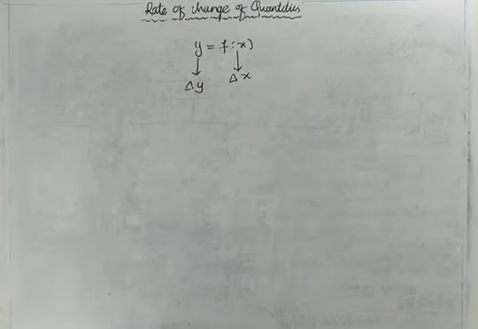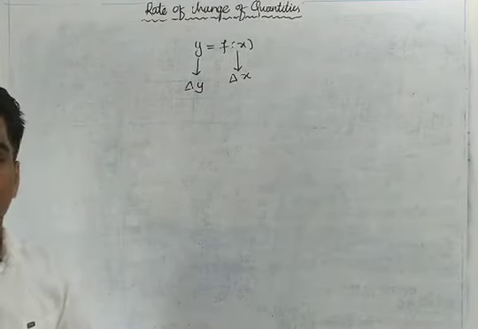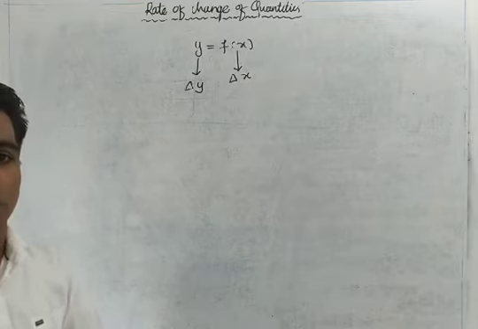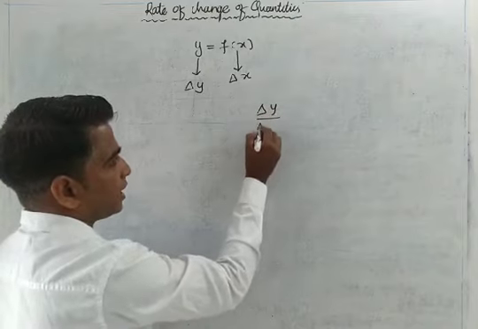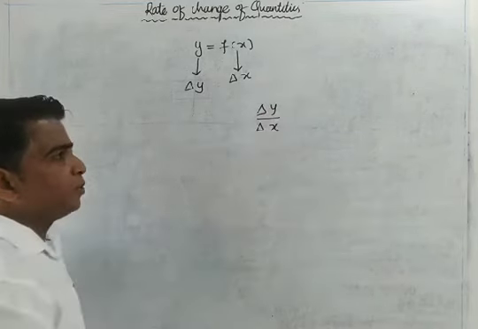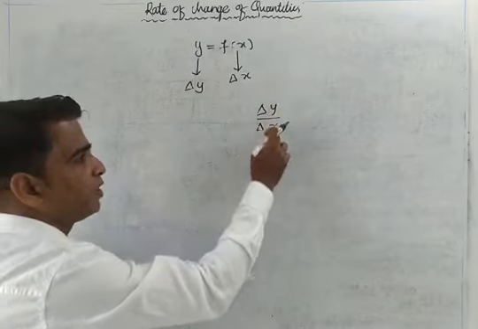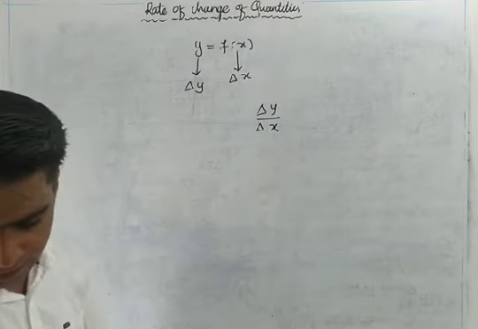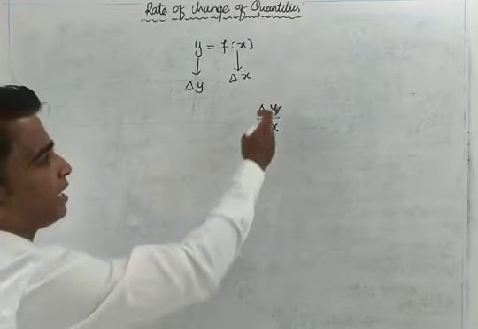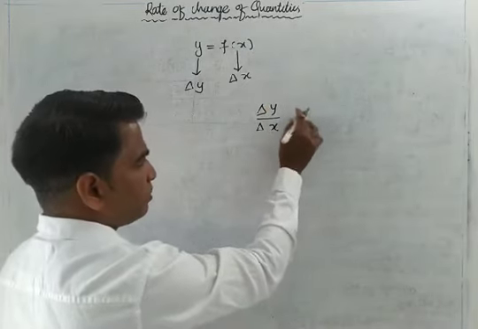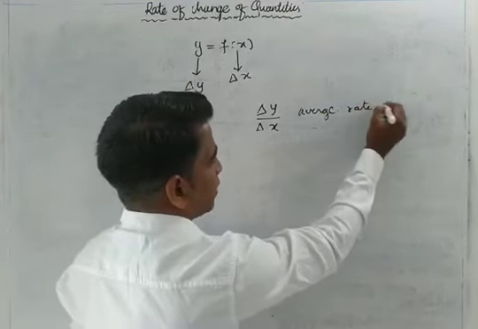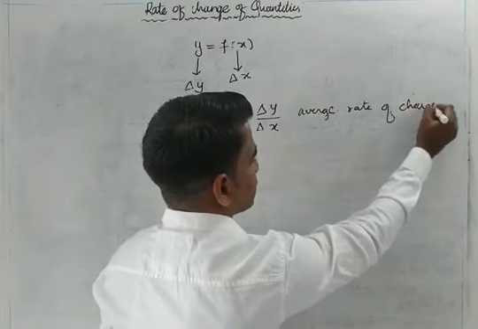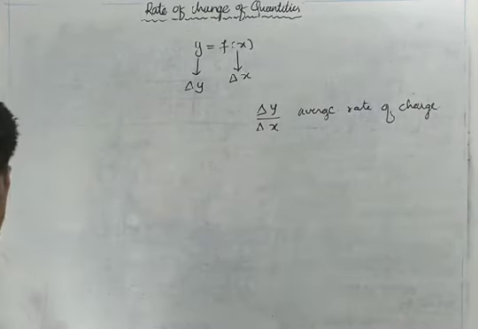Now, the derivative talks about change in one quantity with respect to another quantity, that is delta y upon delta x. It is the change in y with respect to change in x, and that delta y upon delta x talks about the average rate of change.